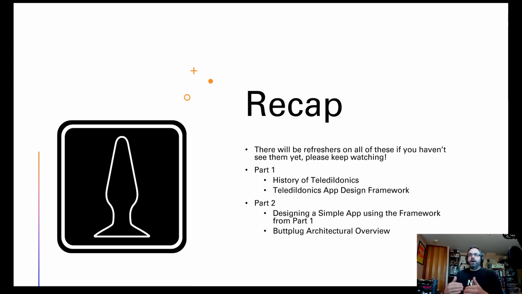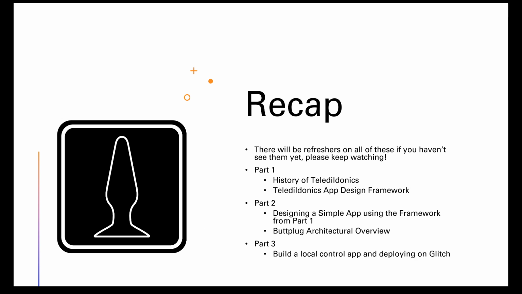So this part 2 was preparing for part 3, where we actually built the application that we designed in part 2. So part 1, how the framework works. Part 2, how to design an app under the framework. Part 3, how to actually code that app using Buttplug and the design we came up with. And that means that we are now at part 4.